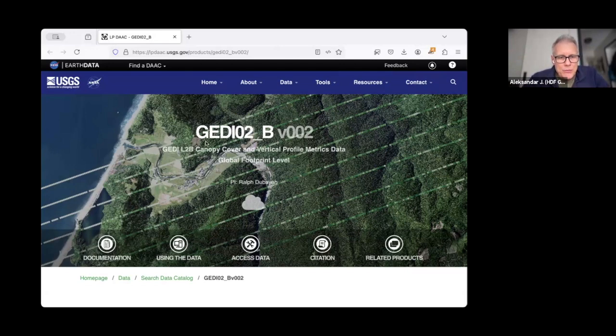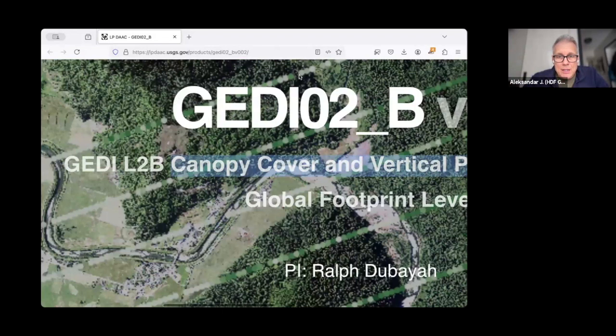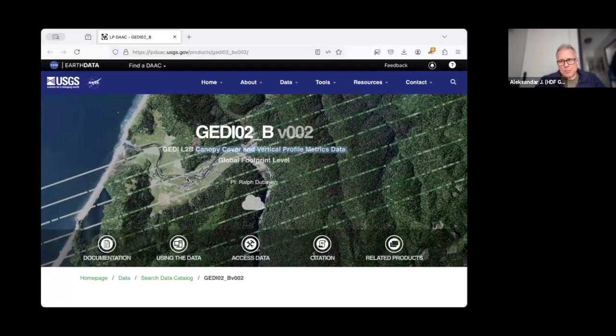If I zoom in a little more, you can see these little circles. That's one single laser pulse. That's how this instrument operates. By the way, this instrument is mounted on the International Space Station, so it's not really a satellite instrument, because the space station is much lower in altitude than a normal polar orbiting satellite. But it's good enough.